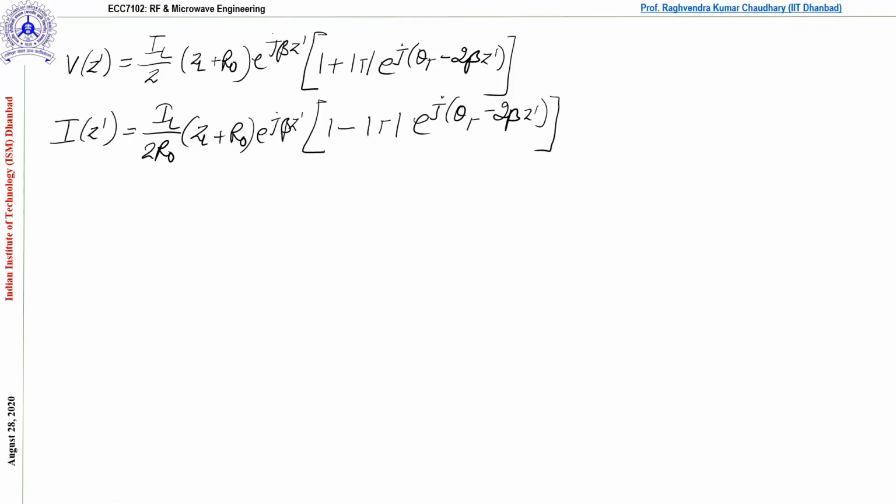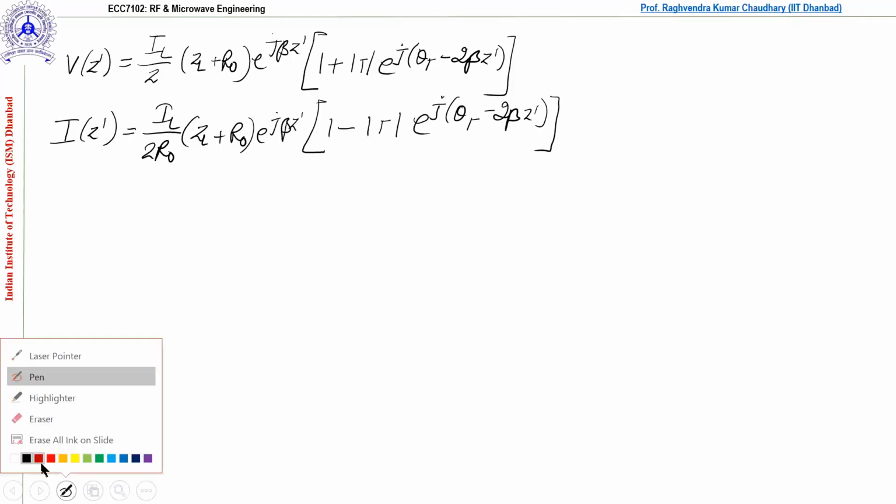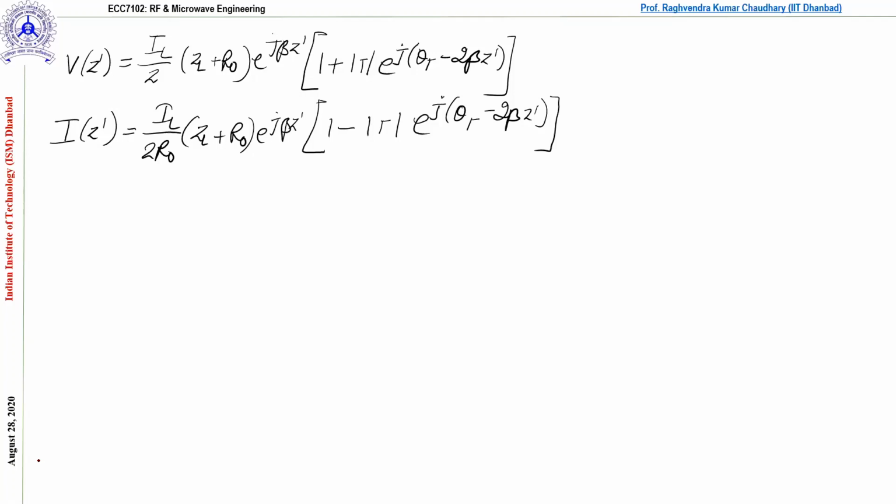Now, if you are considering mod of V max and mod of I min occurring together, can you write the condition?